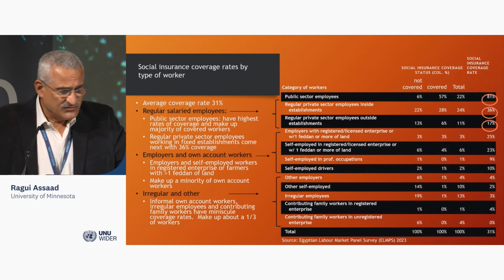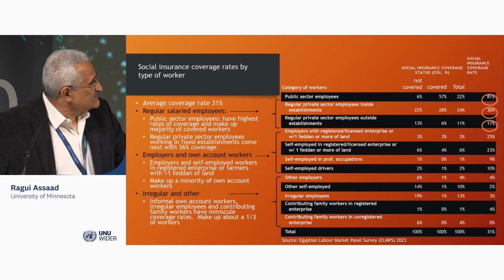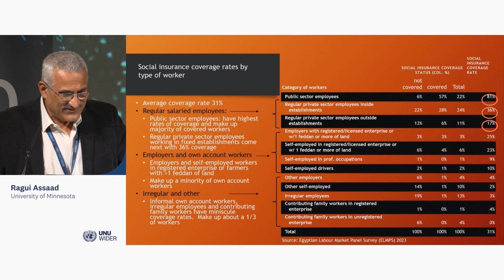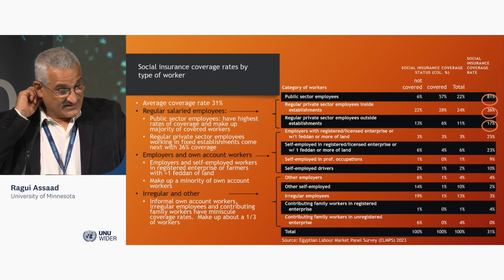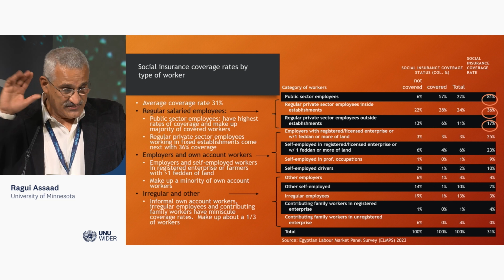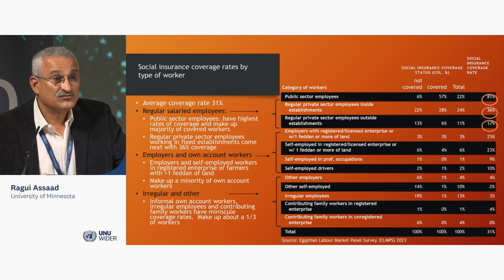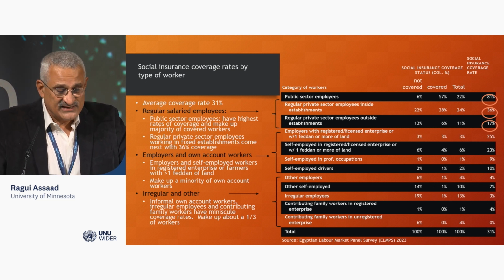So let's look at coverage for a second. I know this is a bit of a detailed table, but I want to focus your attention on the first three categories, the regular salaried employees, and they could be public sector, who are covered, of course, at very high rates, 81%.